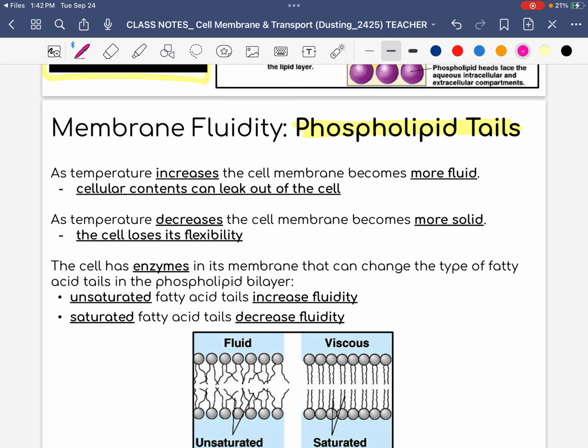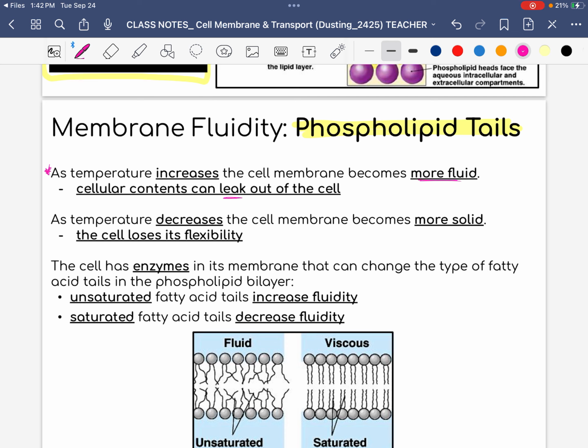The problem that cell membranes have is that as temperature increases, they become more liquid, more fluid. So the contents of the cell can actually leak out of the cell. As the temperature of the cell membrane increases, it needs to find a way to become a little bit more solid.